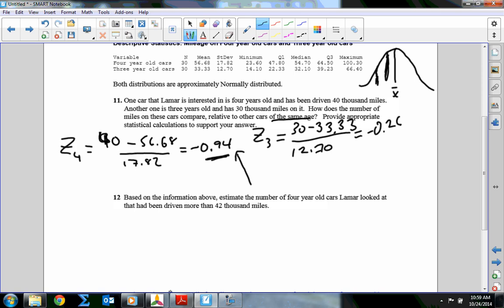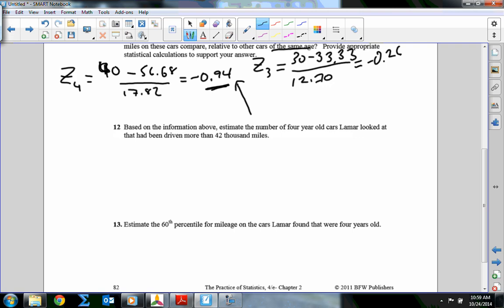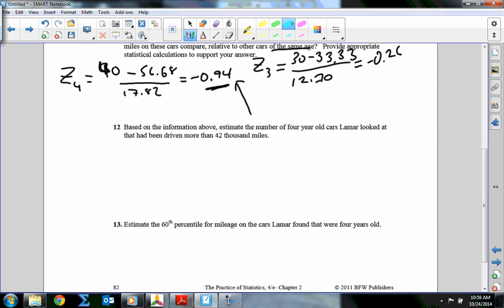Alright, number 12. Based on the information above, estimate the number of 4-year-old cars Lamar looked at that have been driven more than 42,000 miles. So when grading your papers, this part right here got some of us, where it says estimate the number of 4-year-old cars. A lot of people gave us the percentage, but they didn't estimate the number of cars. So let's see how we do that. We want to calculate the z-score first.